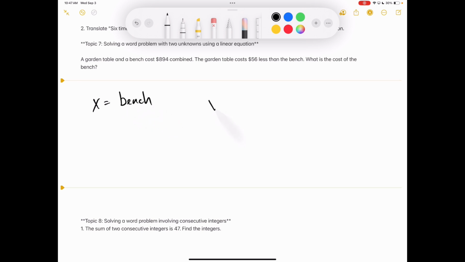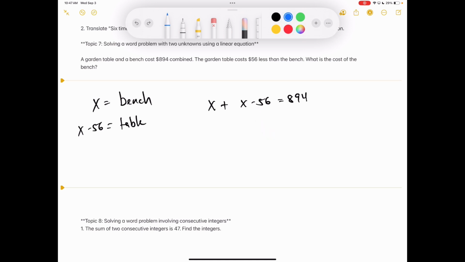So I know the table costs 56 less than the bench. The bench plus the table, so we're going to do X minus 56 for the table. X minus 56 is how much the table is because the table costs $56 less than the bench. So if I take the cost of the bench minus 56, that'd be the same thing as the table.